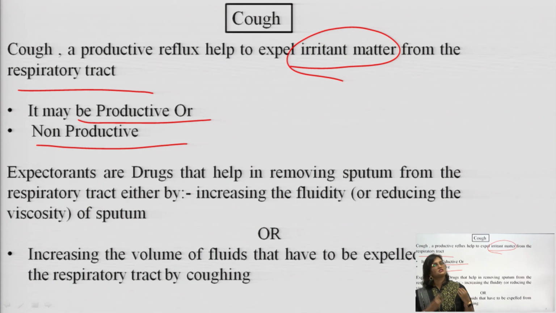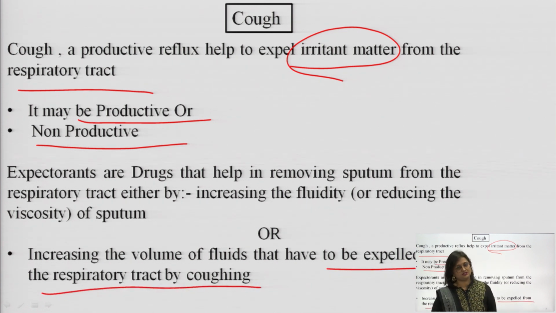Now, where does expectorant come into the picture? What is an expectorant? Expectorants are drugs that help in removing sputum or phlegm from the respiratory tract, either by increasing the fluidity of the sputum or by increasing the volume of the fluid that has to be expelled from the respiratory tract.